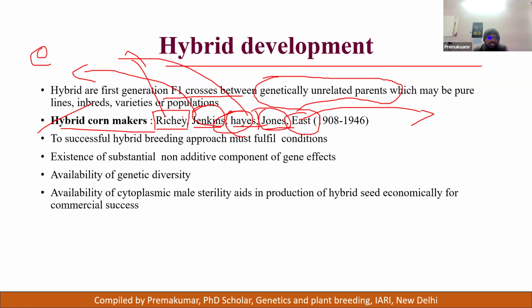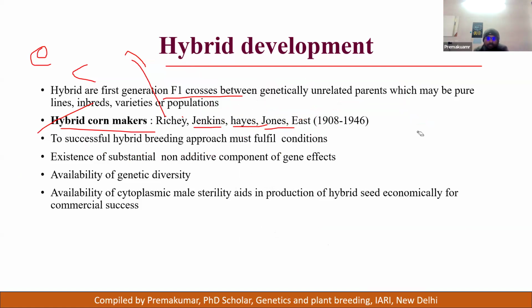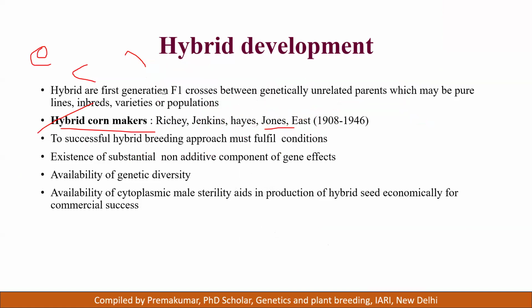That's why they are called hybrid corn makers. Then the successful hybrid breeding approach must fulfill certain conditions. Which are the conditions? Predominance of dominance and genetic variance. Exactly.